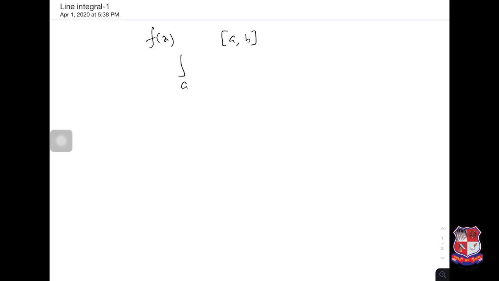So like this, integration a to b f(x) dx. In this case, we were thinking of x as taking all the values in this interval starting at a and ending at b.